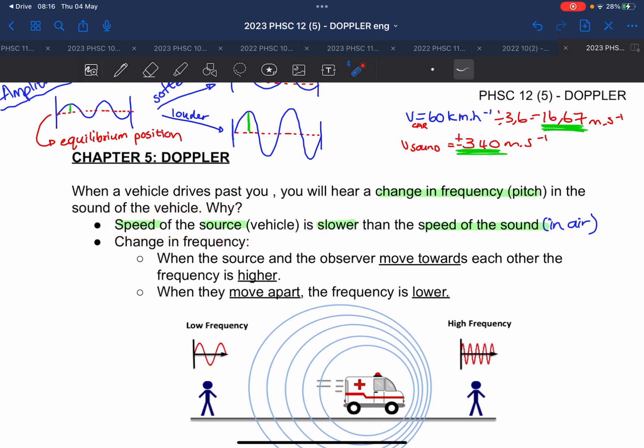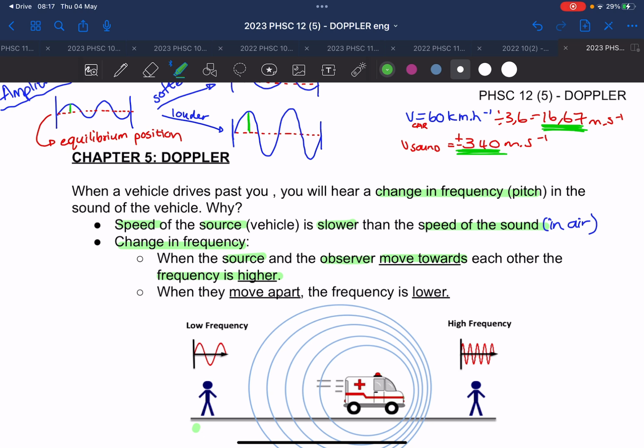Right. Now, what change in frequency do you observe? They say when the source and the observer move towards each other, the observer being the person that hears it, and the source being the person that makes the sound, when they come closer to one another, then the frequency that is observed is higher.